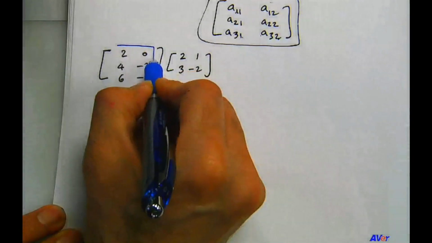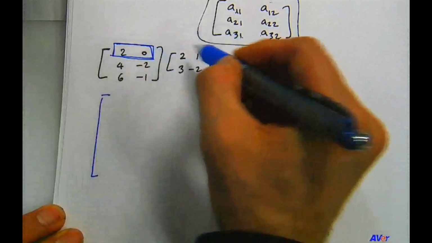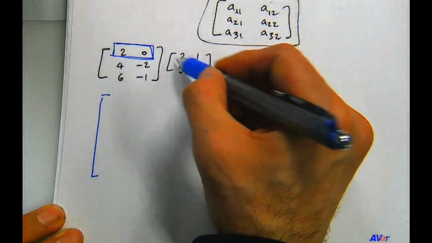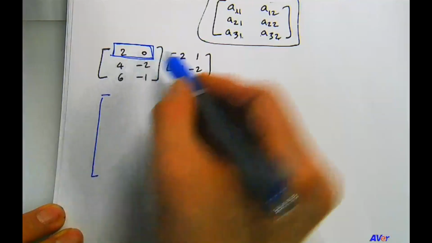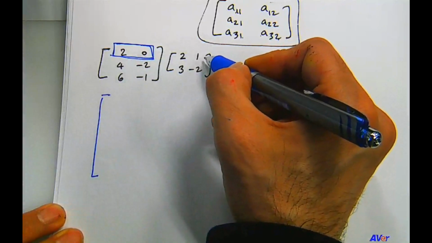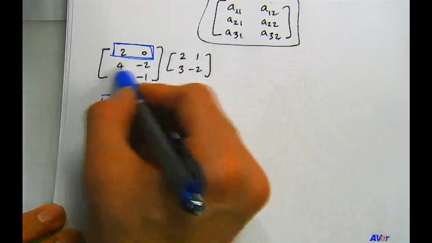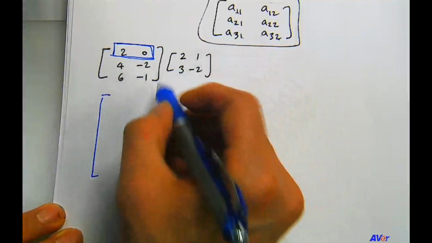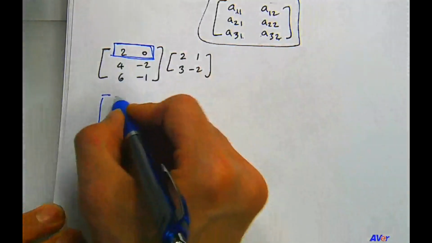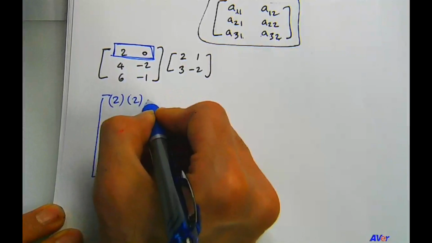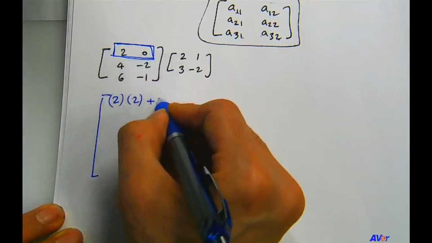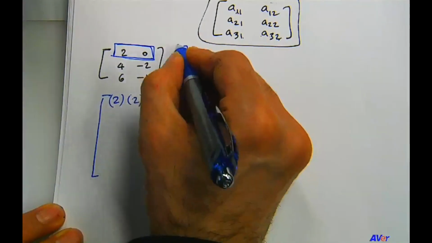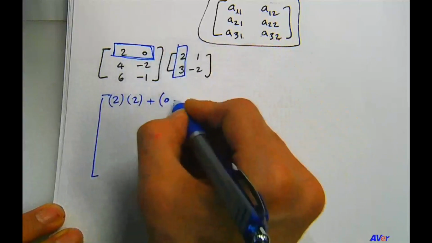Start with the first row, multiply it by the first column, add the numbers, then multiply the first row by the second column. When you run out of columns, switch to the second row and repeat the same thing. So 2 times 2 plus 0 times 3, right? This row multiplied by that.